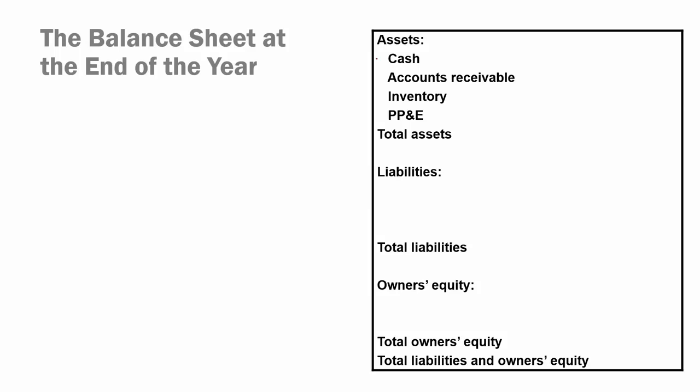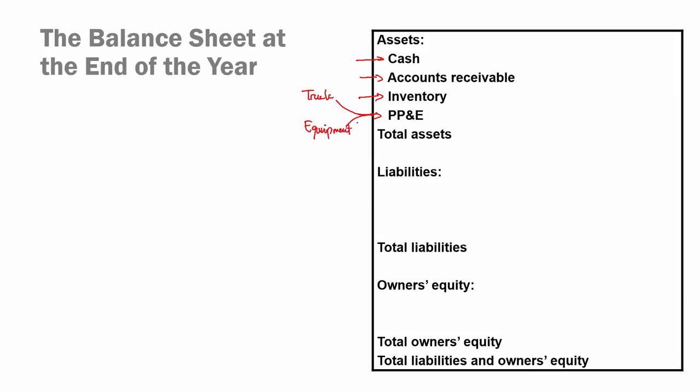Note that I've listed already for us here the 4 asset accounts that we saw in our structured workspace: cash, accounts receivable, inventory, and property, plant, and equipment. And you might recall that we've been calling that a truck and some equipment.